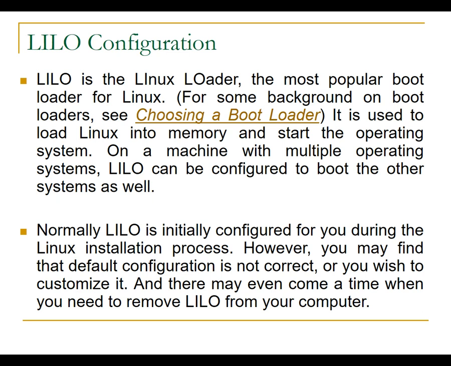So to load the operating system, this bootloader performs its task. On a machine which contains multiple operating systems, Lilo is configured to select a specific operating system of the user's choice. So over here it demonstrates the specific task of Lilo configuration.